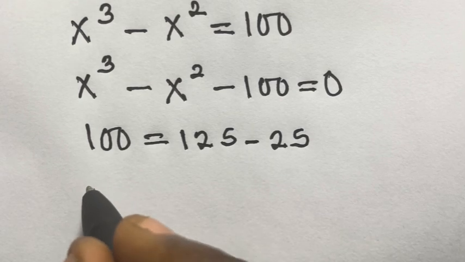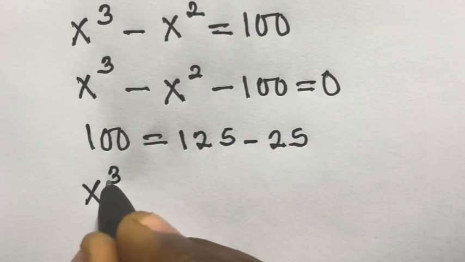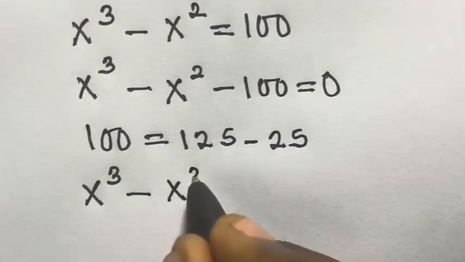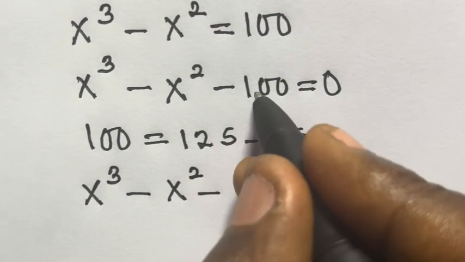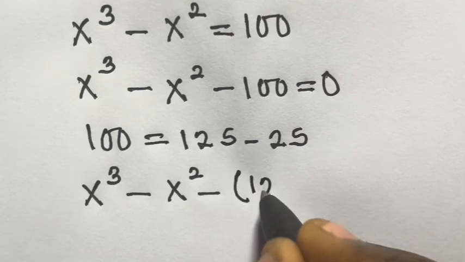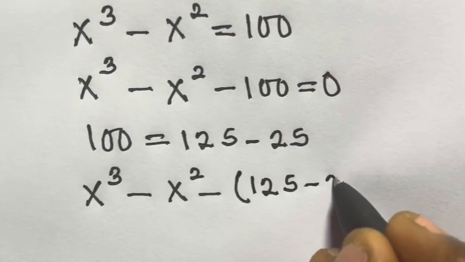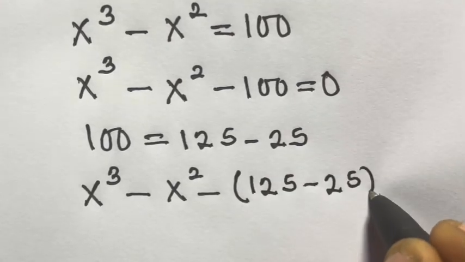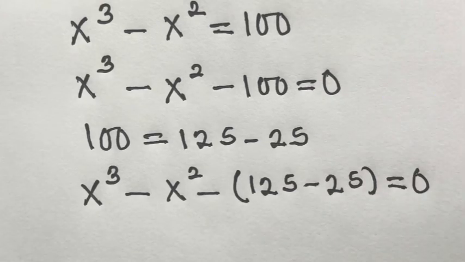So we will have x raised to the power 3 minus x squared minus, if we let 100 be equal to this, 125 minus 25 equals 0.